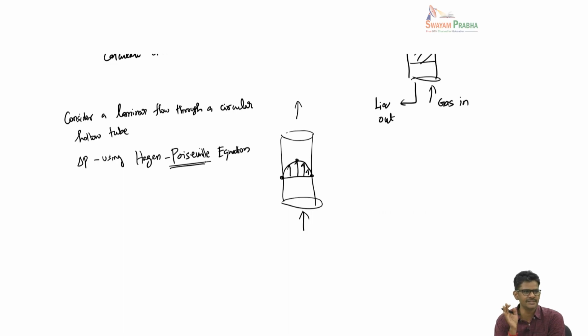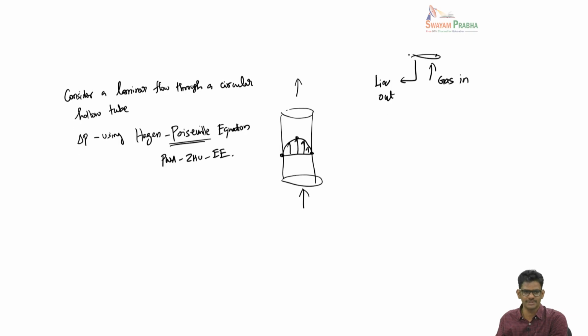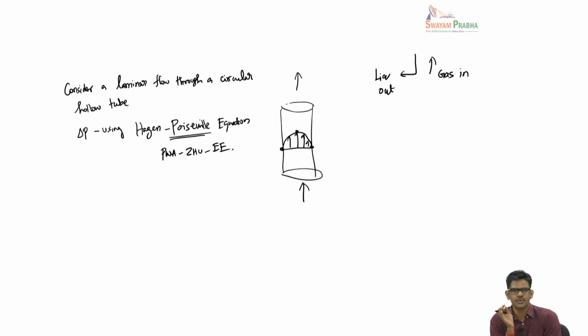The LLE is actually silent. Okay, this is a pronunciation guide. Apparently we don't have a French student here who can help us get through this pronunciation. But the Hagen-Poiseuille equation is used for calculating pressure drop for such simple situations.